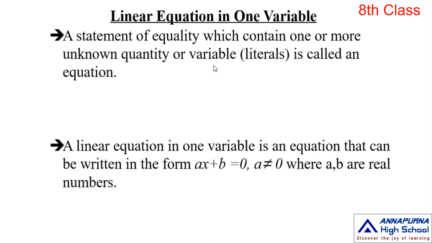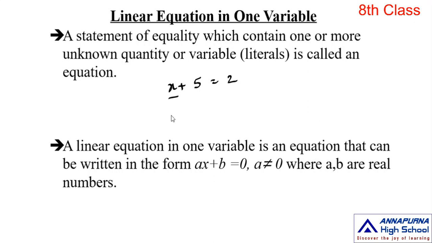So in algebra, when you take any mathematical statement with an unknown quantity, we cannot define that unknown quantity, it is always changing. For example, here I have taken one mathematical statement, x plus 5 is equal to 2. What is the unknown quantity here?